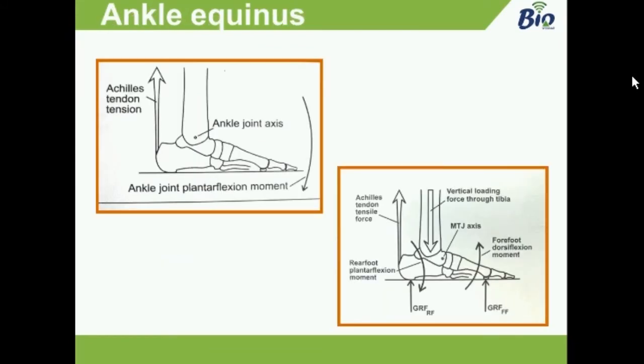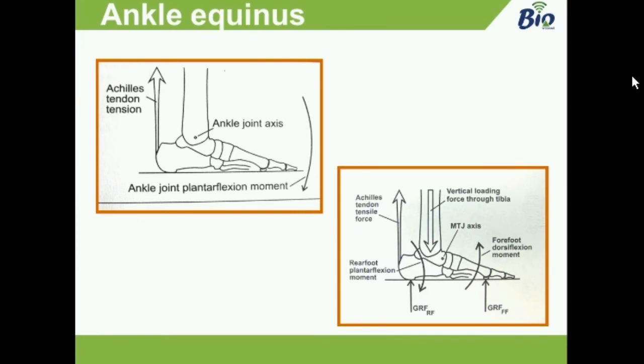Now this is an interesting one: tight calves, ankle equinus. I always think the number of problems you can end up getting because of tight calves is quite remarkable. Let's look at the biomechanics of how that affects forefoot loading. In very basic terms, if you haven't got the flexibility in the ankle rocker, then that movement in the sagittal plane to get the body over the foot has got to occur somewhere.